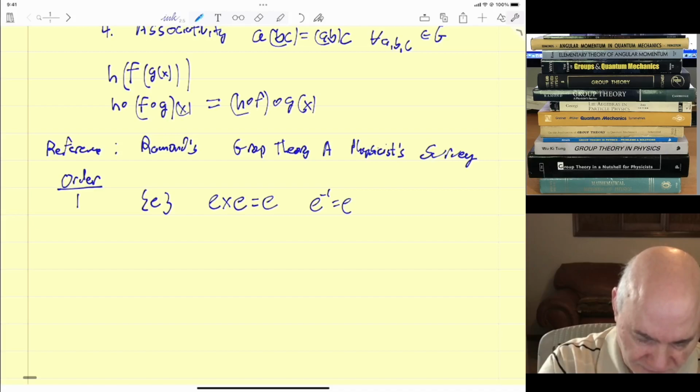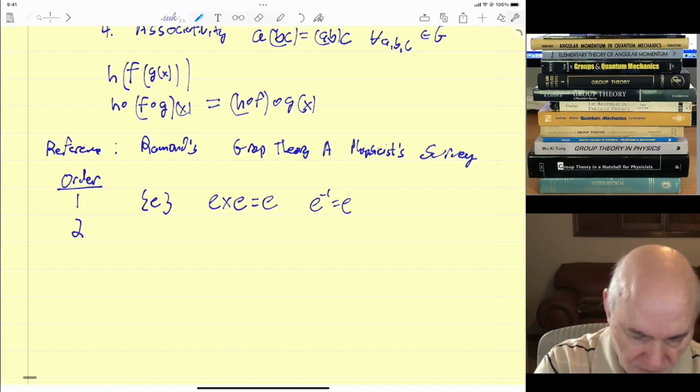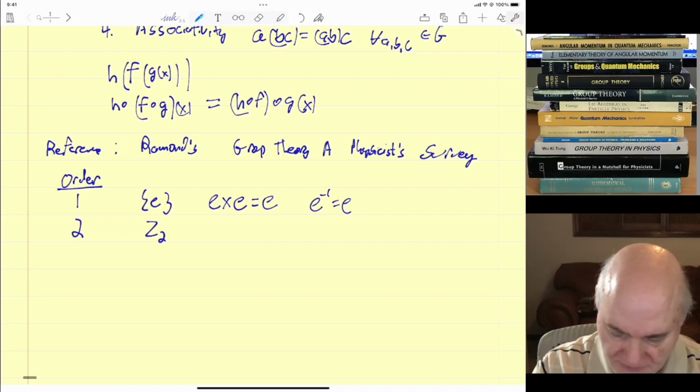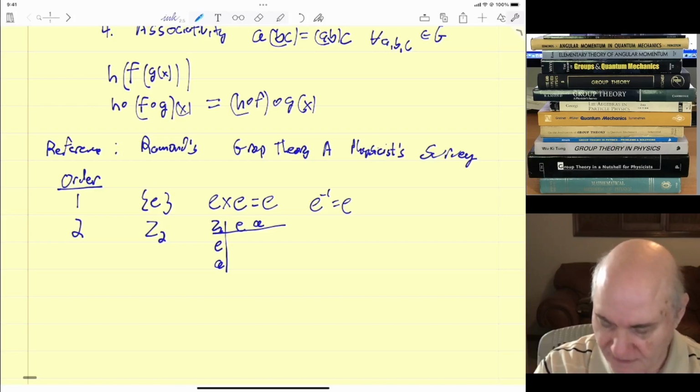So Ramon starts with groups of order 2, which are important in physics and are often denoted by Z2. And the multiplication table, this is how you show a multiplication table. You put the group here, then you list the elements of the group, E, A, and then you need to fill in what corresponds.